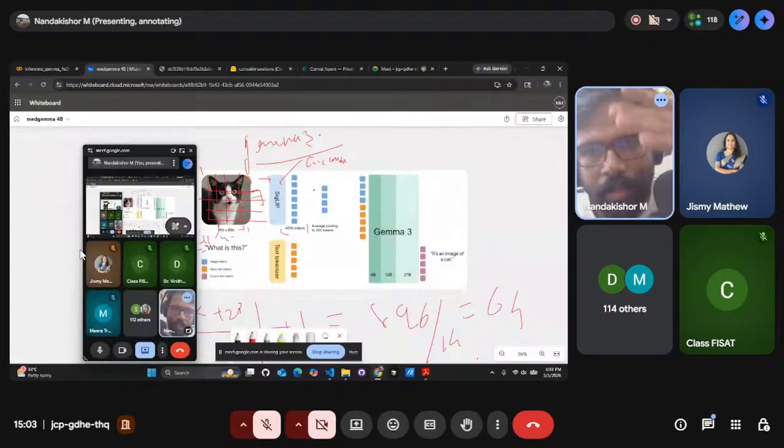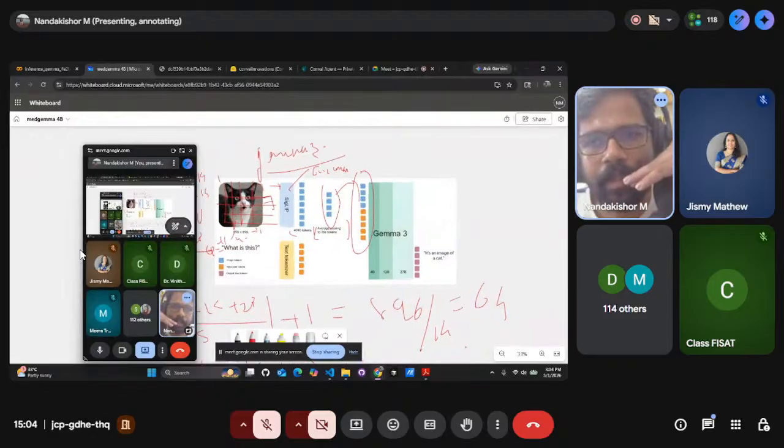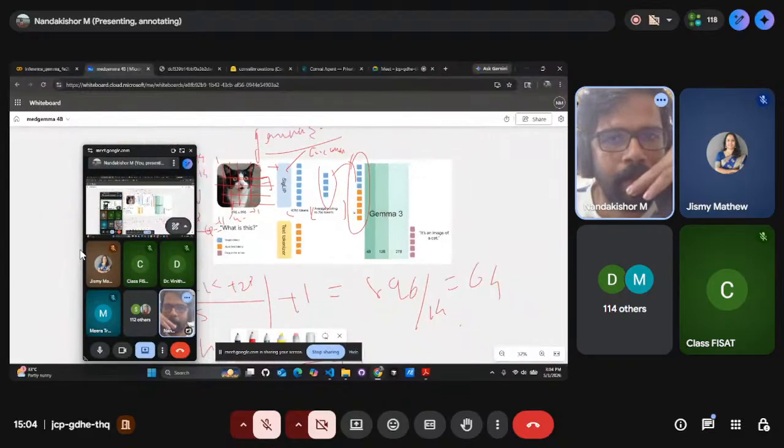An encoder, obviously, converts into tokens and assigns a number, right? Then it will pool. Average pooling means you get the average value out of it, which again reduces the dimensionality, and sends it into the Gemma 3 layers. Here it is more focused on the main layers of the transformers.